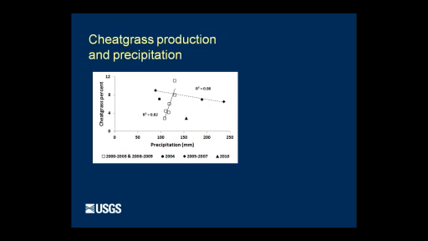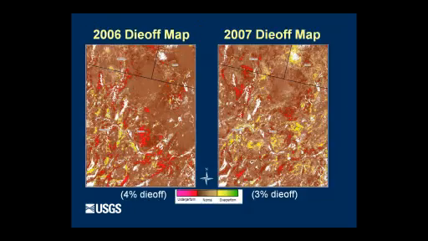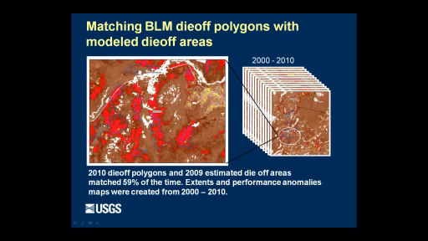I don't know exactly what the percent is off the top of my head, but this is my 2010 map here. It's not like 2005, but there is a fairly significant amount of cheatgrass die-off, especially down over in this area here and up in this area here as well. I will leave it at that.